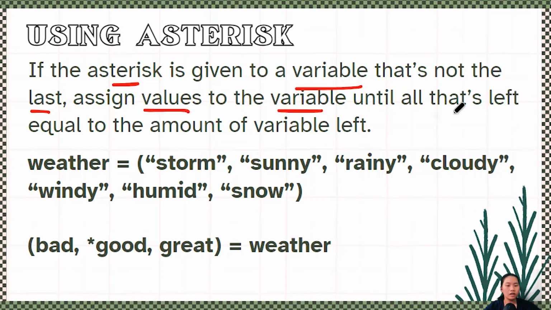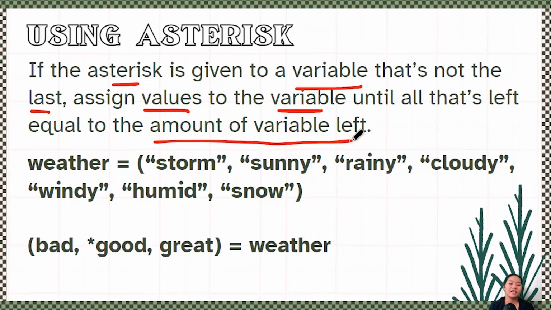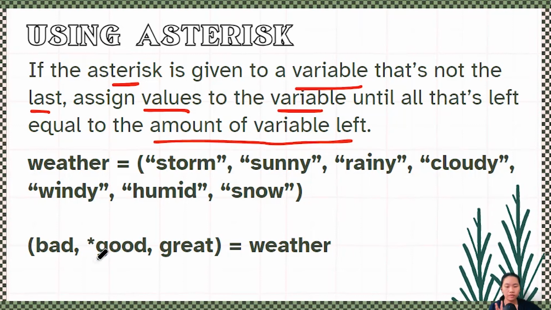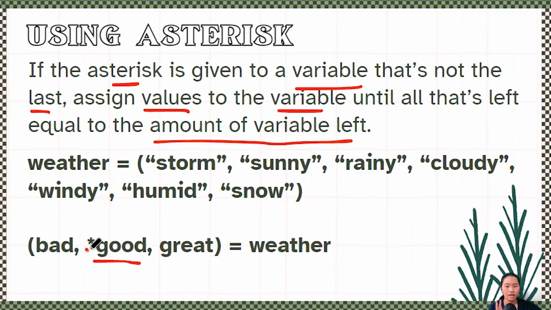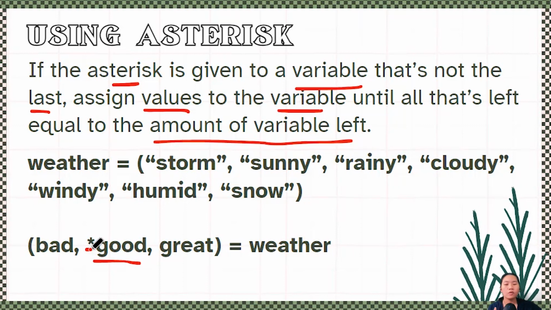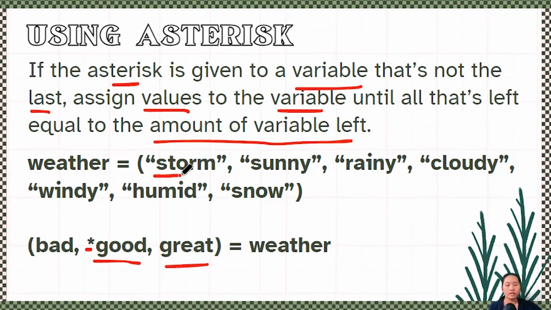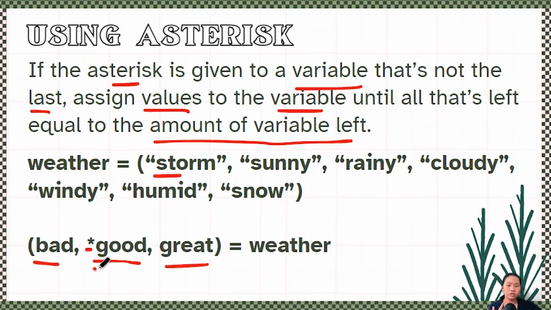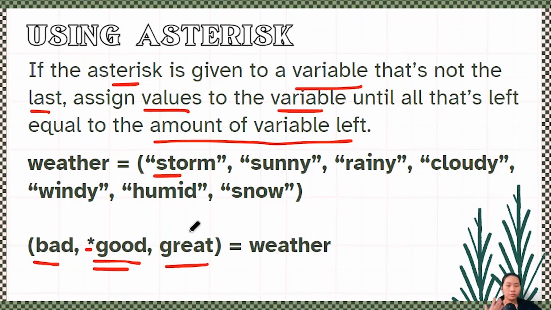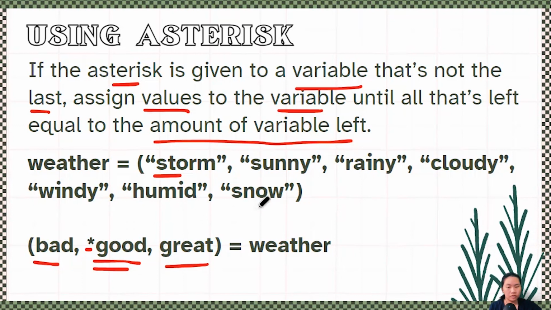However, if the asterisk is given to a variable that's not the last, assign values to the variable until all that's left is equal to the number of variables left. Put everything in that one variable, the one with the asterisk, and only leave enough for whatever variables are left, okay? So storm naturally will be assigned to bad, and sunny, rainy, cloudy, windy, humid will be assigned to good, and great will be assigned snow, okay?